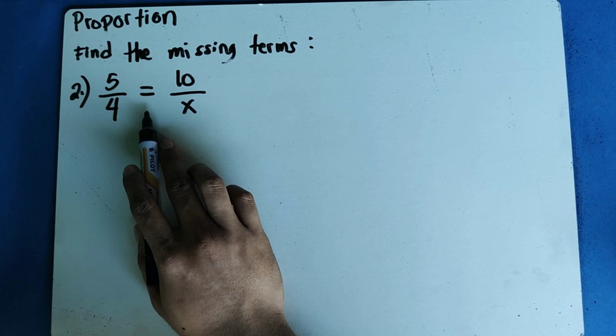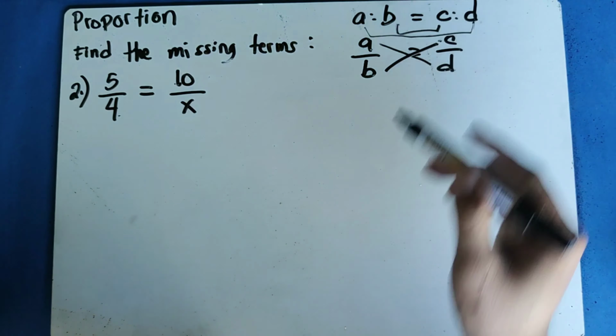The original form is A is to B is equal to C is to D, or A over B is equal to C over D. The product of the means, B times C, and A times D. So we can apply the cross multiplication.